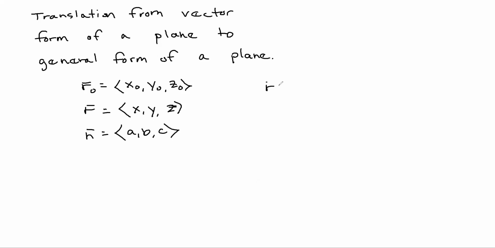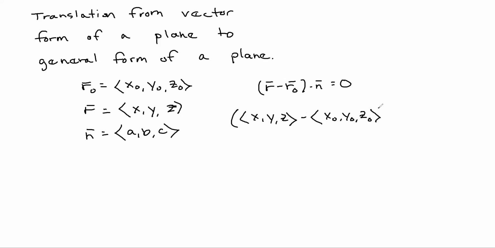And then if we have R minus R naught dotted with N equals 0, now it's just a matter of plugging all that in. So here we're going to put X, Y, Z minus X naught, Y naught, Z naught, which gives us R minus R naught, dotted with A, B, C. Now in order to do any of the simplifying, first we want to do the subtraction here.